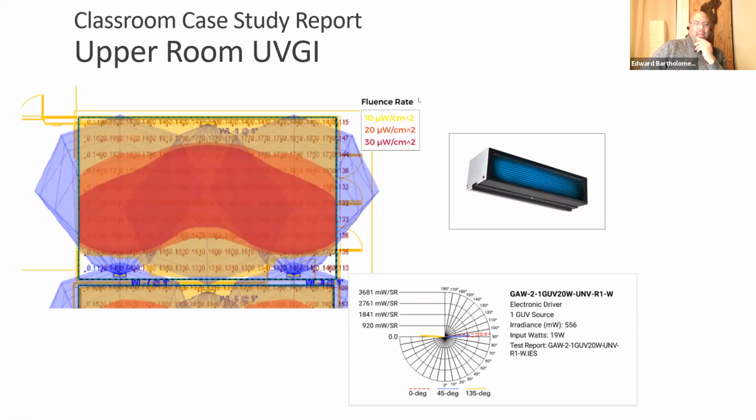So we are actually getting a fairly healthy fluence rate within that space by utilizing simply two upper air UVGI units, to a logarithmic factor of 2 to 3, so 99.9% deactivation of a virus.